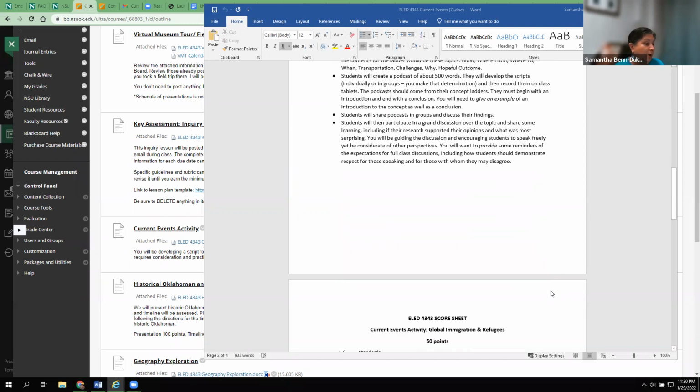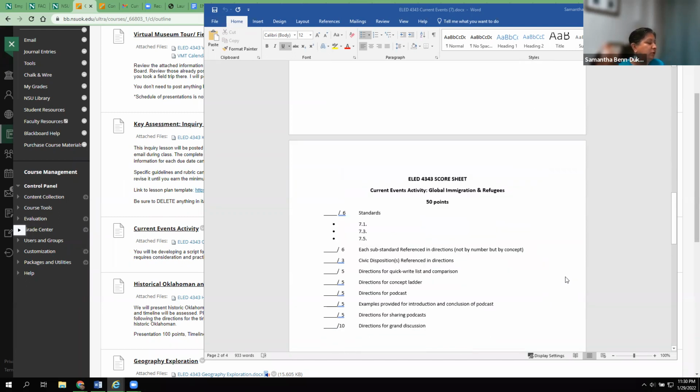So for your score sheet, the standards that you're going to write out here, for example, 7.1.5, and then write it out. Those are worth 2 points each. And again, you need to weave those into your part of the script, what you are telling the students, just casually, not word for word by any means.